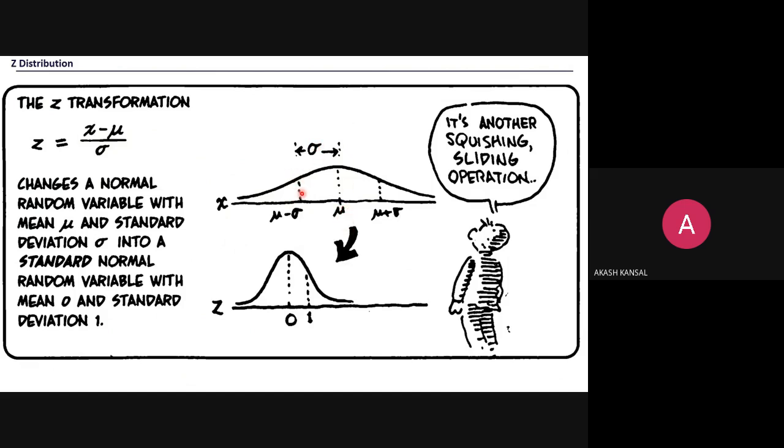These are the limits of one standard deviation, one above, one below. Once we do a z transformation, it transforms to another graph whose mean will be 0 and standard deviation would be 1. So it would be 1 here, 1 here, minus 1. This is the z transformation.